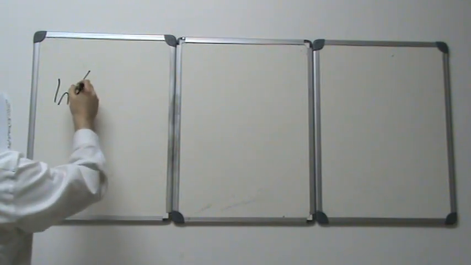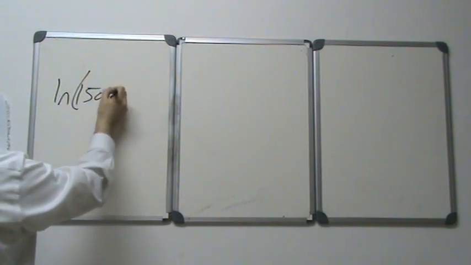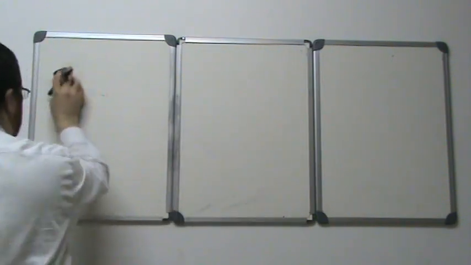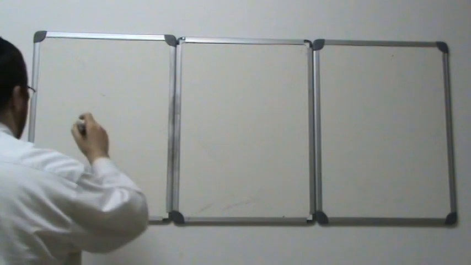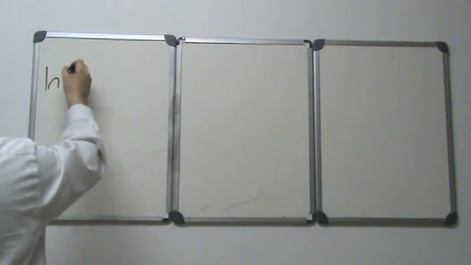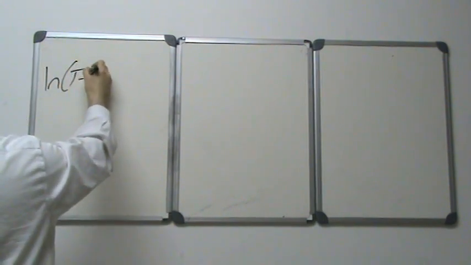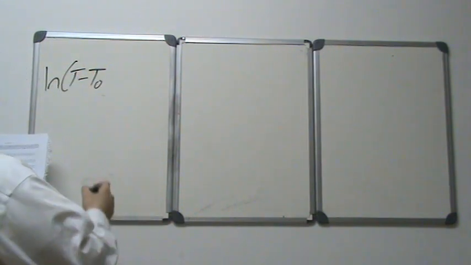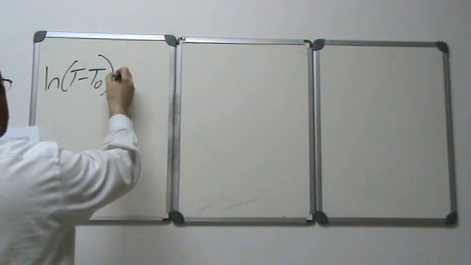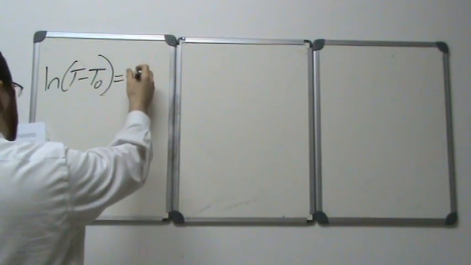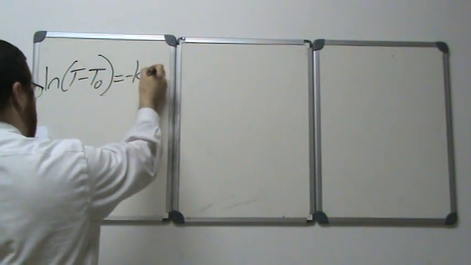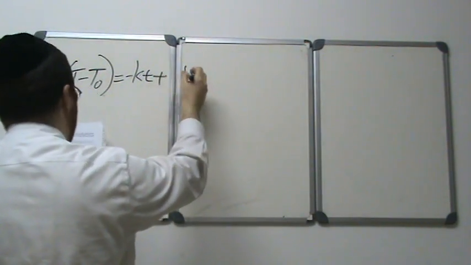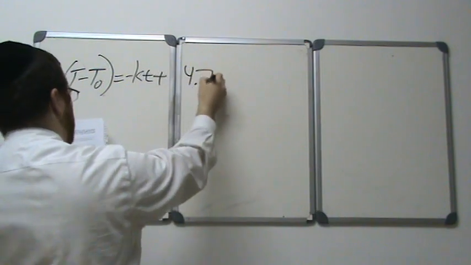They write down the natural log, ln, of T minus T sub 0, is equal to negative k lowercase t plus 4.718.